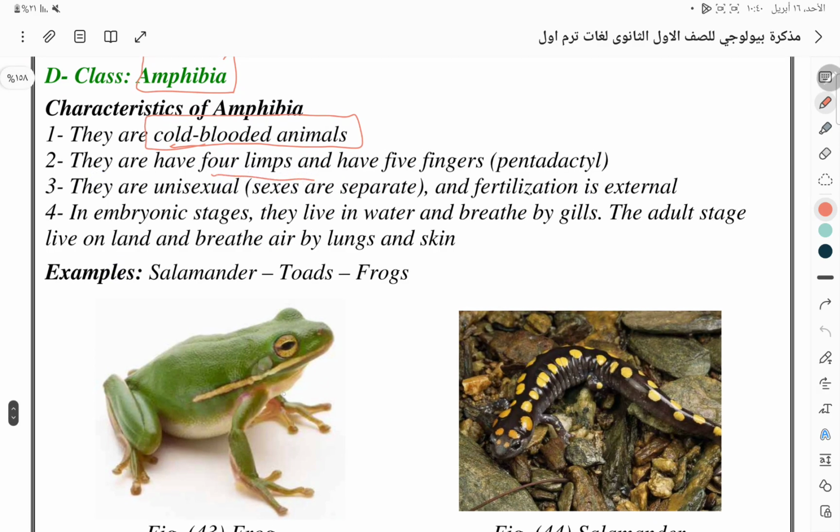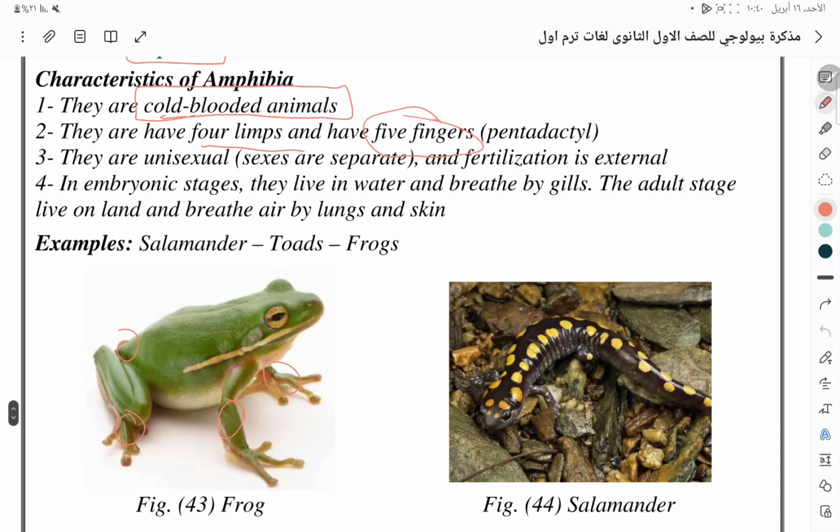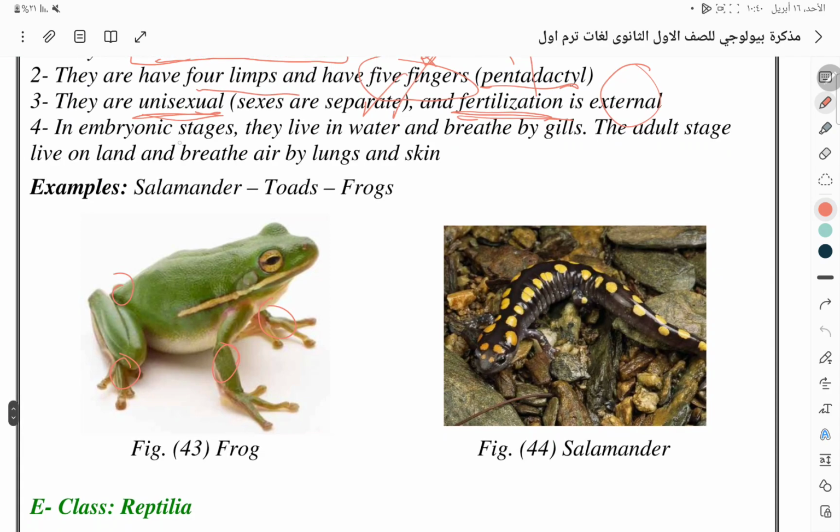They have forelimbs and 5 fingers, pentadactyl. They are unisexual, male and female separated, and the fertilization is external.